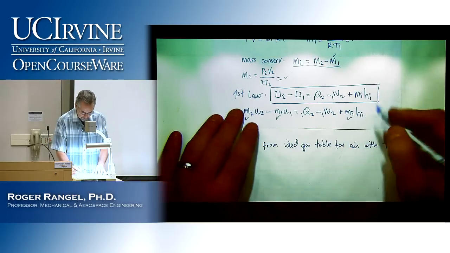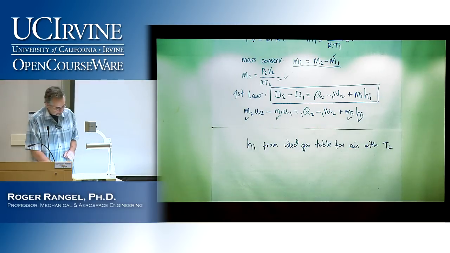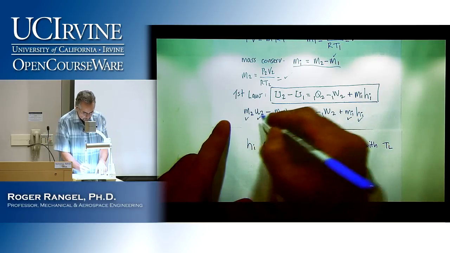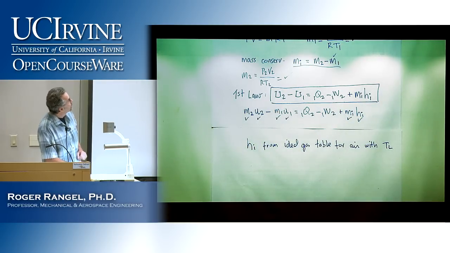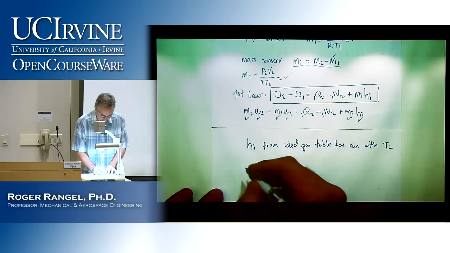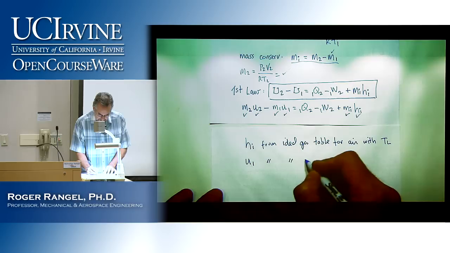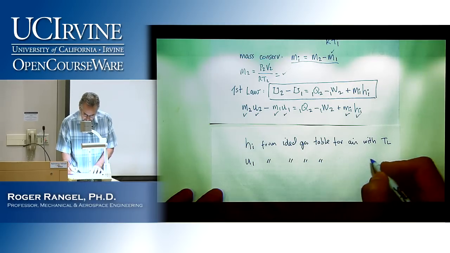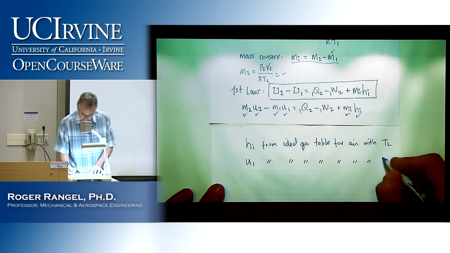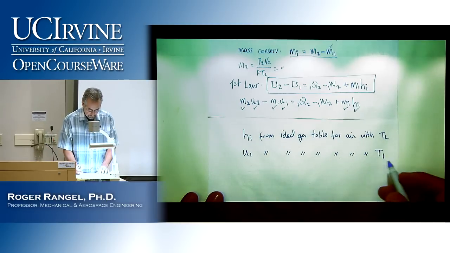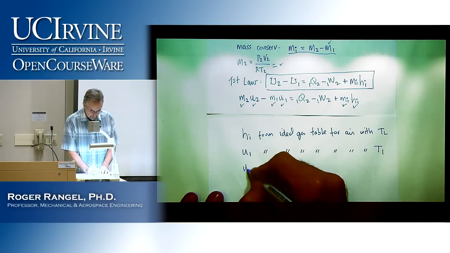So I can now put a check mark there. Same thing for U1 and U2. Those are the internal energies of the air. U1 is the internal energy of the air, read in the ideal gas table, also with my temperature, in this case it would be T1. So I go with T1 into that table and read U1. Same thing for U2.